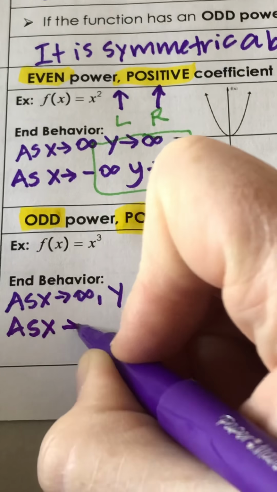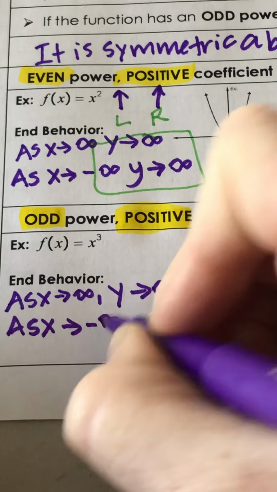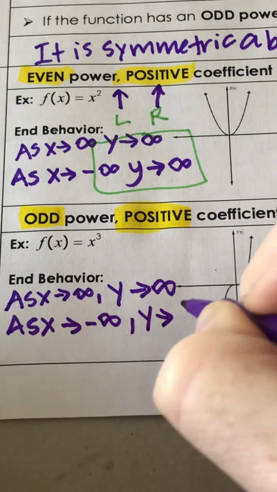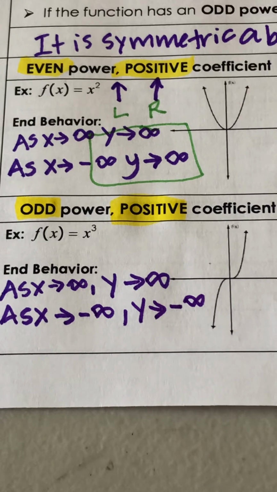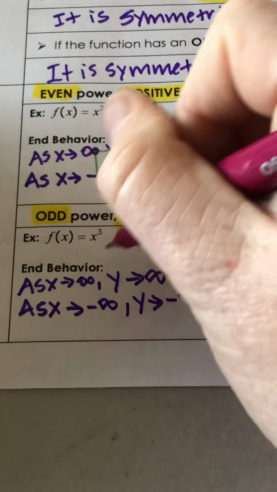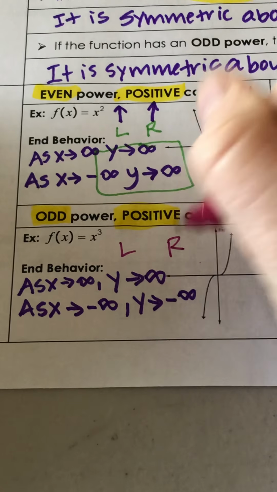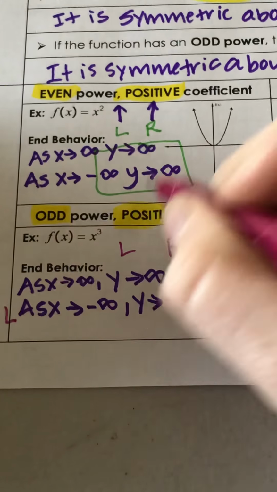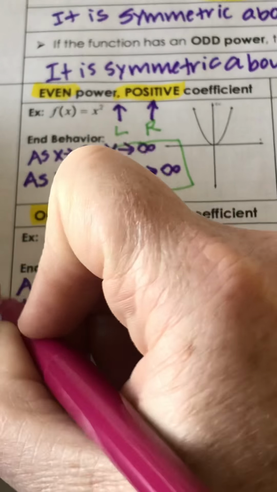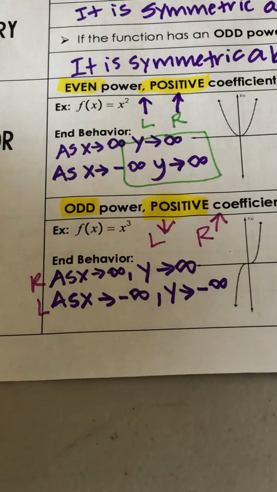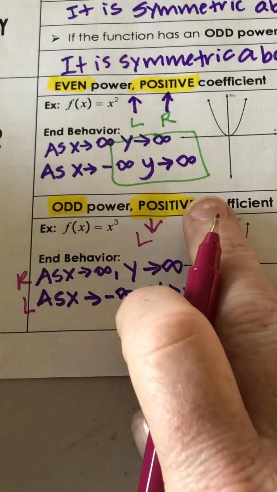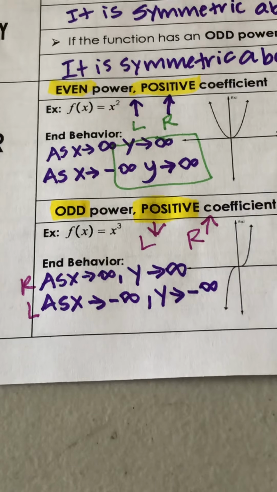As x approaches negative infinity, y approaches negative infinity, okay? So that means the left is pointing down and the right is pointing up. And that will happen for an odd power positive coefficient, always.